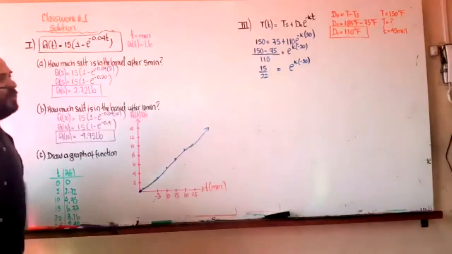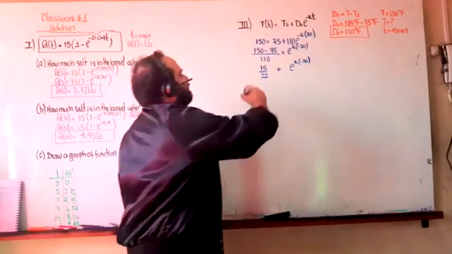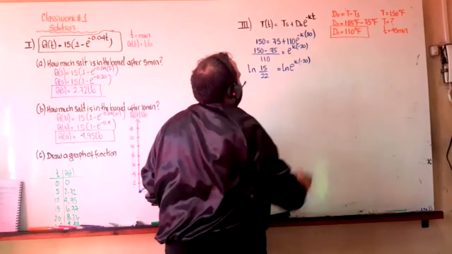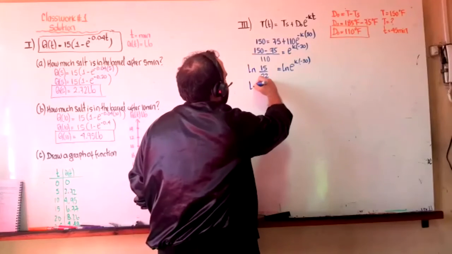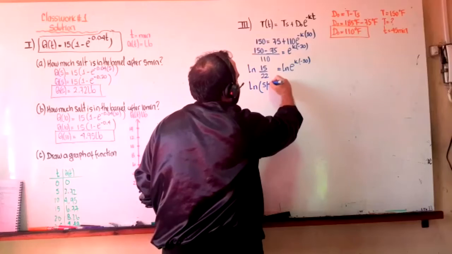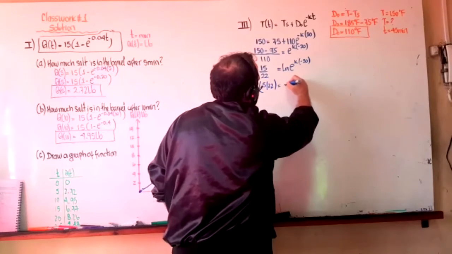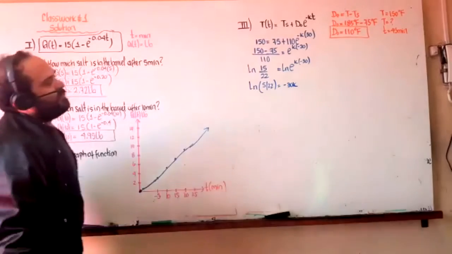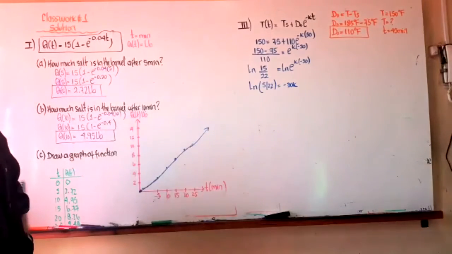Because we're looking for K, we're going to take the natural logarithm on both sides. What happened? The natural logarithm of 15 over 22 will be equal to negative 30K. The natural logarithm of e, remember, will be 1.